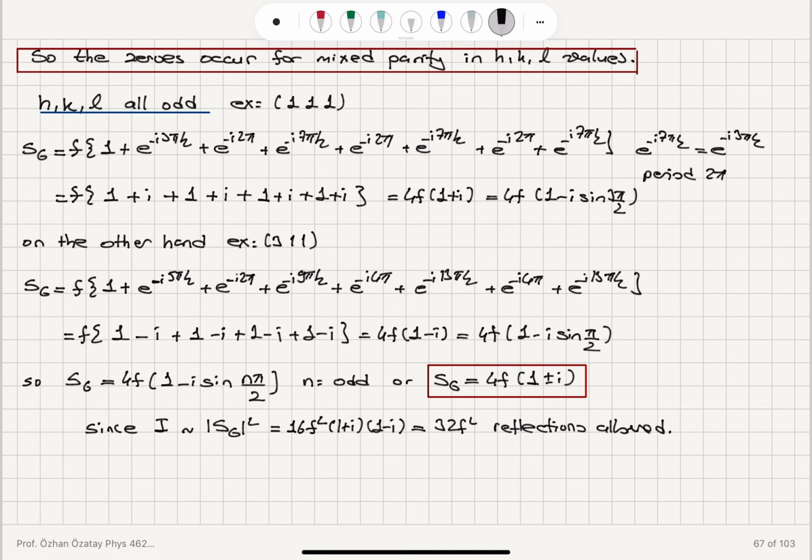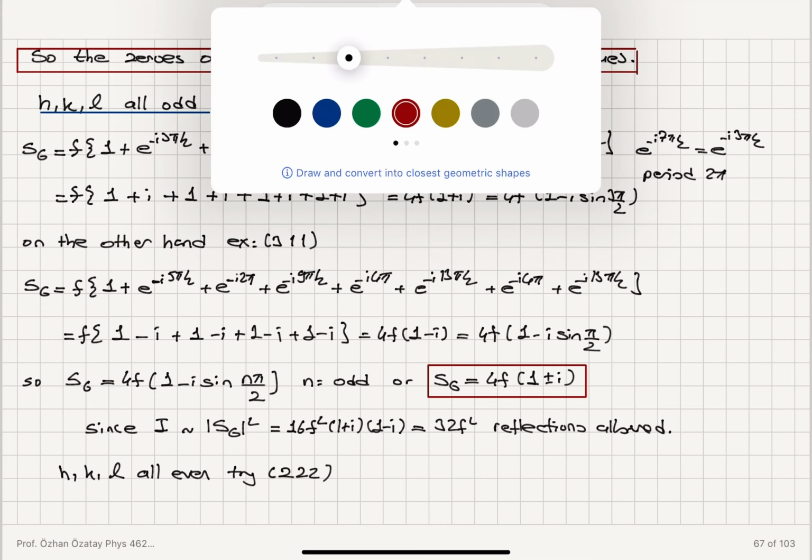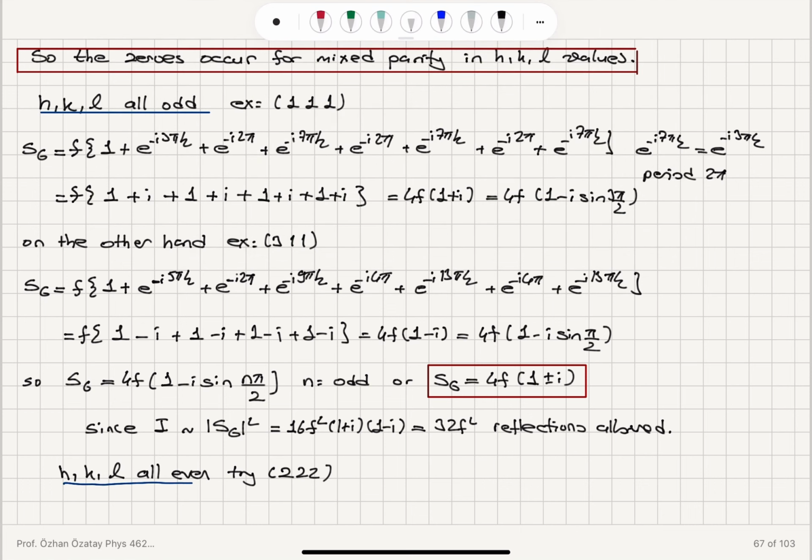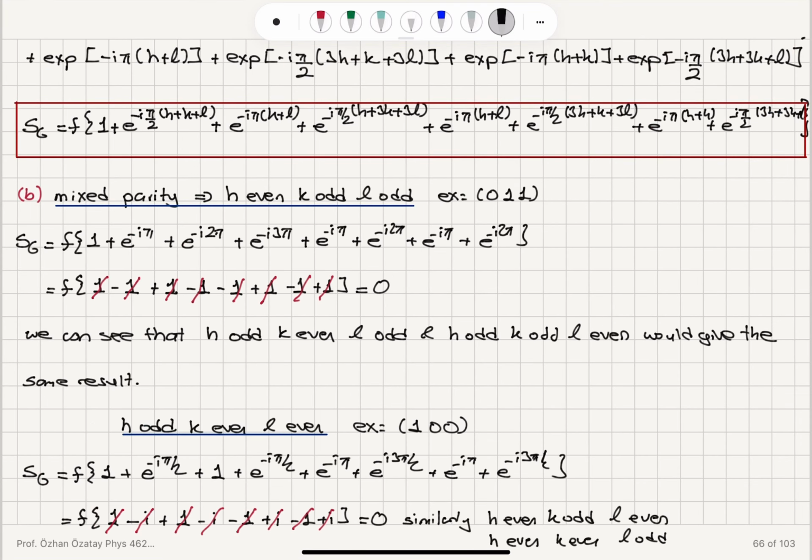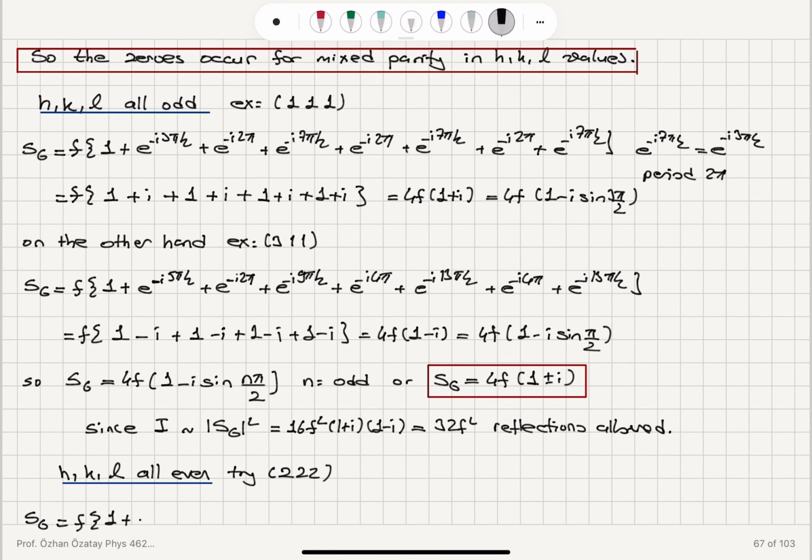Now let's go to the case when H, K, and L are all even. Let's try, for example, 2, 2, 2. This would have a geometrical structure factor f times 1 plus, and looking at the first term, 2, 2, 2 becomes 6 divided by 2, e to the minus i 3 pi.